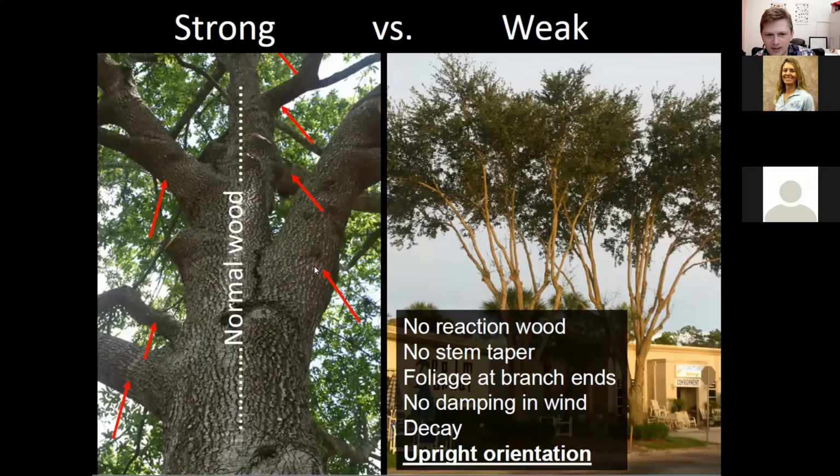You still have these branches with large aspect ratios, but at least they're able to connect into a main leader, which isn't always the case for a lot of live oaks. Fortunately, live oaks are pretty strong trees, but it doesn't hurt them to have better form and mechanics as well.